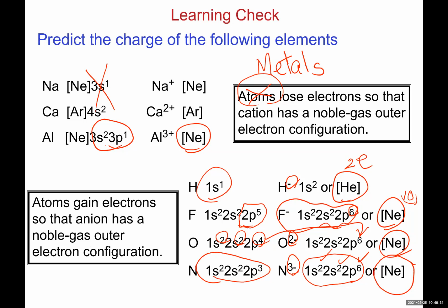Is it fair to say, why don't I write here nonmetals? Can I say nonmetals gain electrons? So they look like a noble gas, and they make anions. Why? They are gaining electrons. Negatively charged ions are called anions. I hope this makes sense. Please make sure to come and see me if it does not.